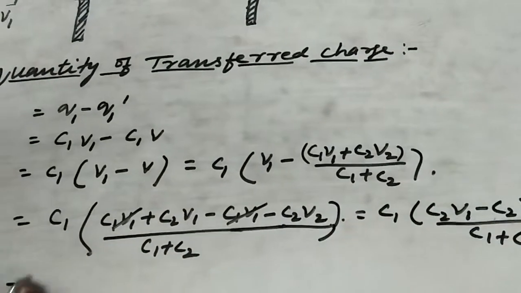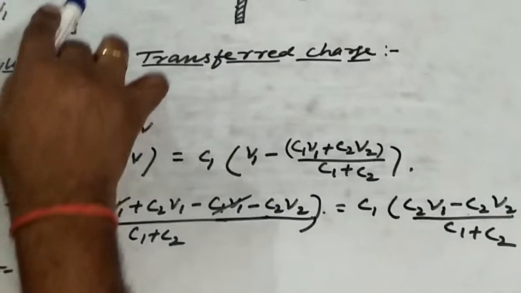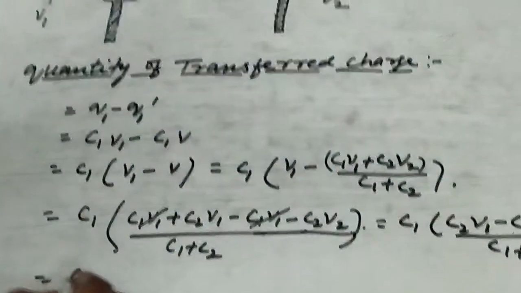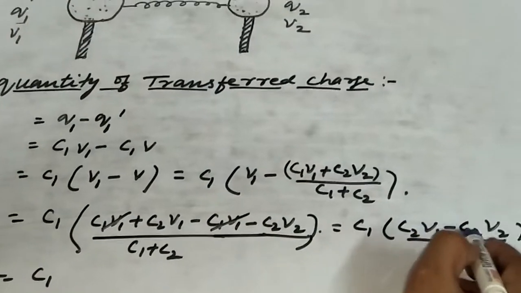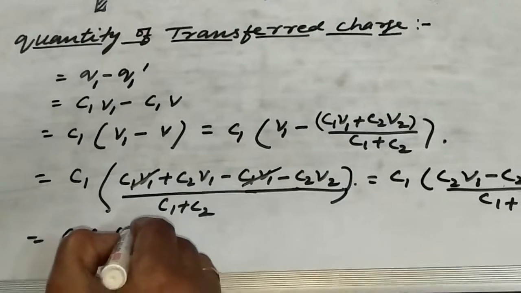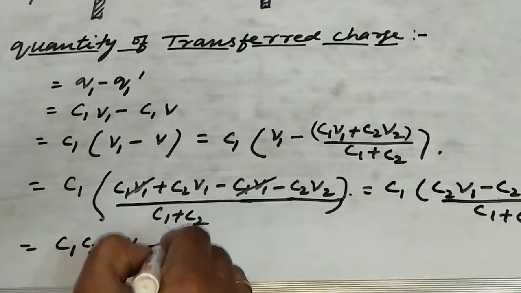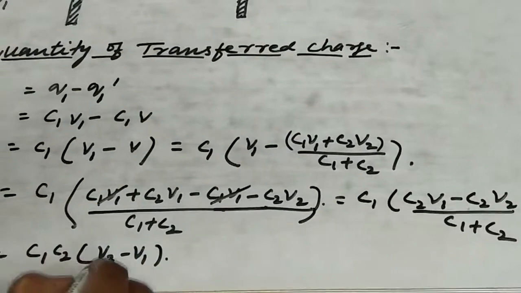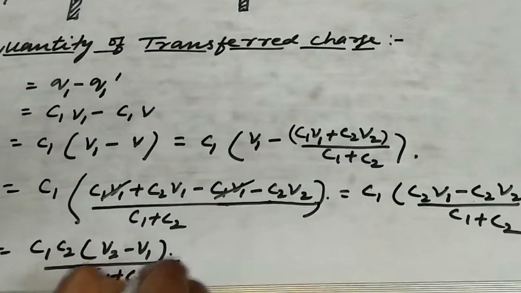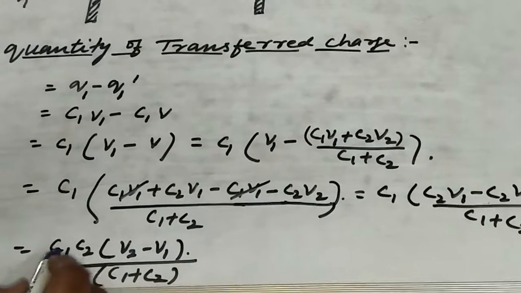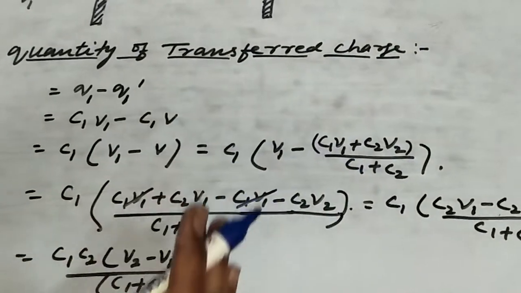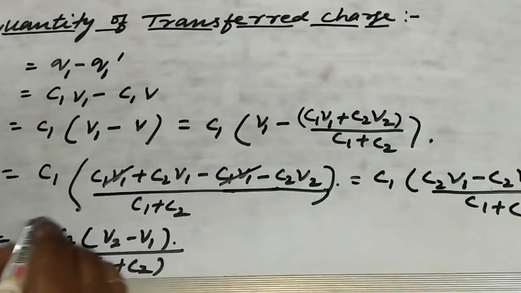Or finally we can say the amount of charge transferred from one conductor to the other, from A to B, is given by C1 times C2V1 minus C2V2, take C2 common, so C1C2 in bracket V2 minus V1 upon C1 plus C2. So by using this expression we can find what amount of charge is transferred from one conductor to the other conductor.